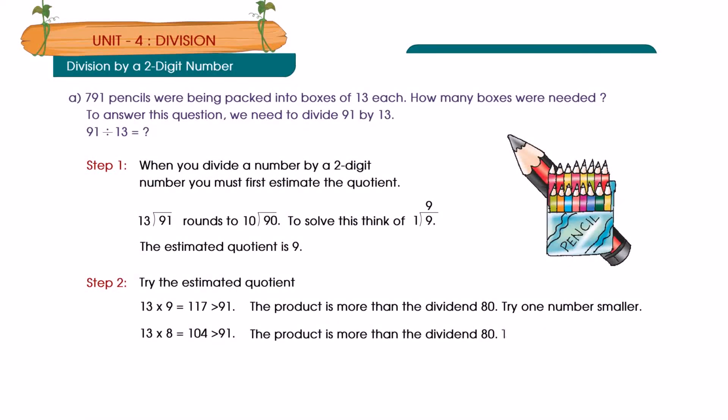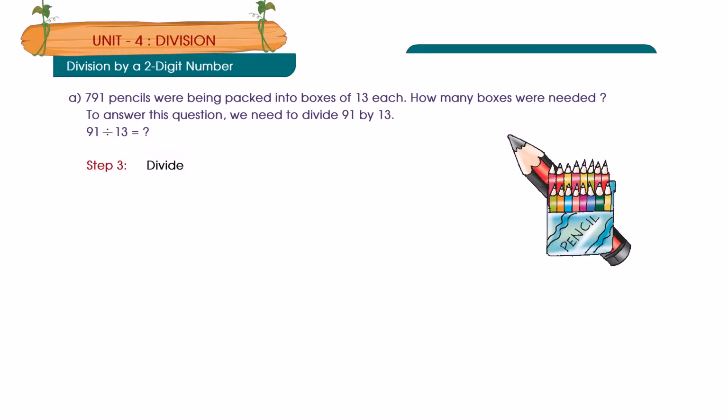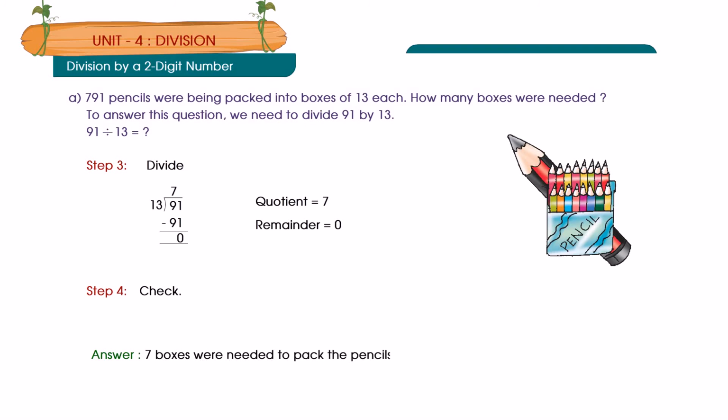Try one number smaller. 13 into 7 is equal to 91. 91 is equal to 91. The product is equal to the dividend. Take that number as the actual quotient. Step 3. Divide. 91 divided by 13 gives 7 as the quotient and 0 as the remainder. Step 4. Check. Answer: 7 boxes were needed to pack the pencils.